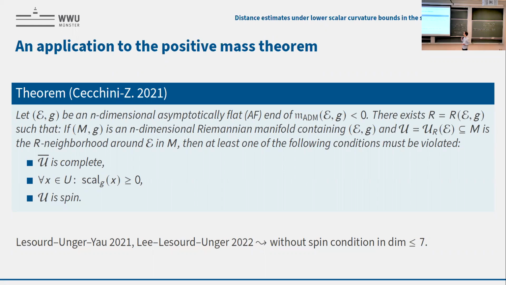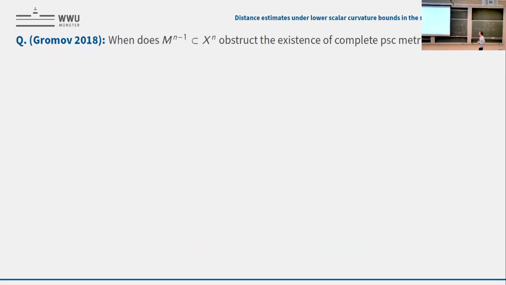Okay, and maybe finally, let me mention one result which goes in a different direction, because here we're using mu bubbles now. This goes back to a question due to Gromov, who asked, when does the existence of some hypersurface obstruct the existence of complete PSC on some ambient manifold?